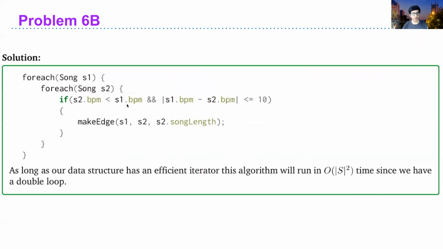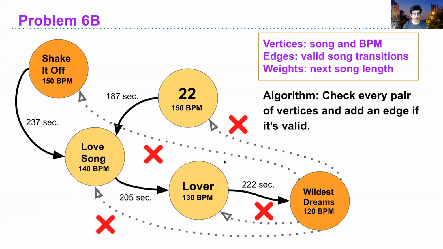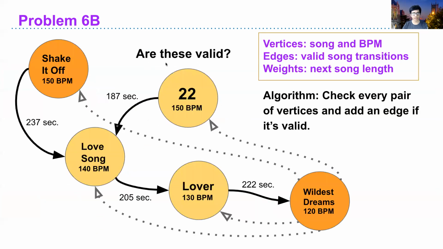So thinking about the code, we're essentially just looping over each pair of nodes. So we have two for-each loops, and then we spoke about what is a valid transition. A valid transition is when the S2 BPM is less than the S1 BPM and the difference is less than 10. That's when we add our edge. So this inner part is essentially doing what we did over here, where we were questioning if this is valid.